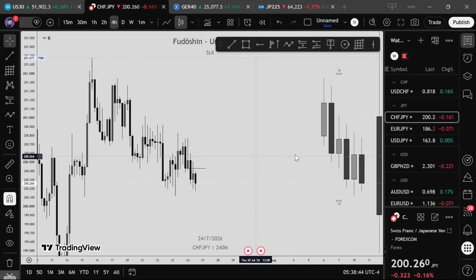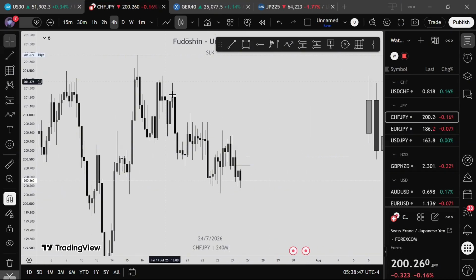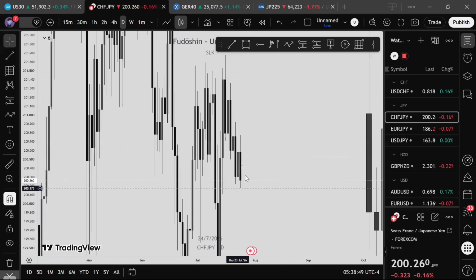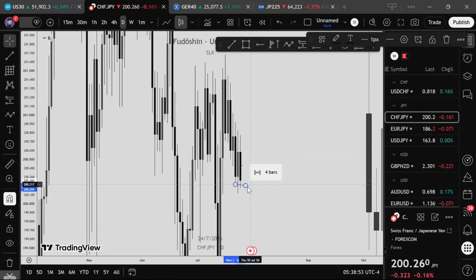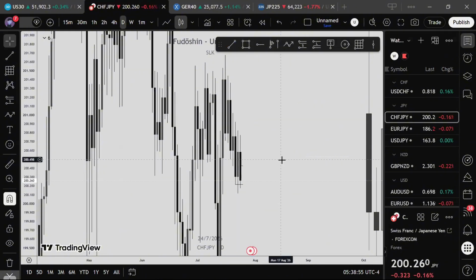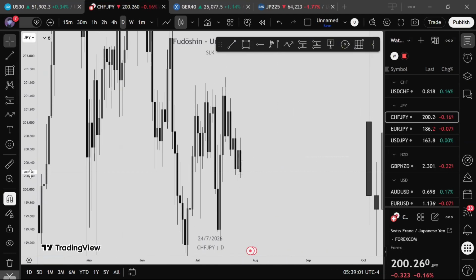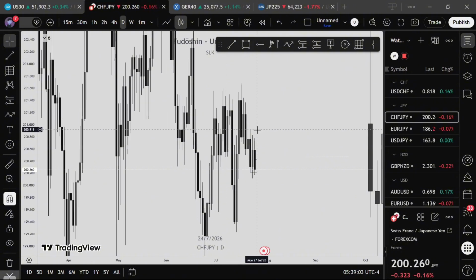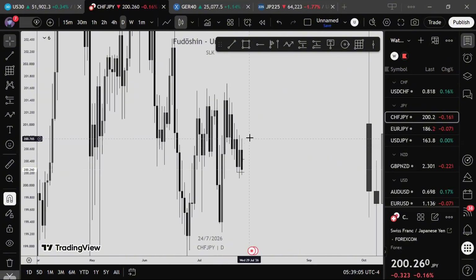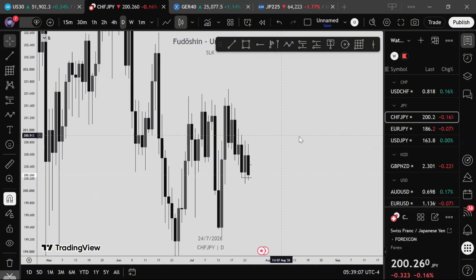For instance, I don't know if you saw it on the group chat, but I noticed that there was a sweep of the previous daily low already. And so that's how I study. I look at the errors, I look at what I was expecting and what happened, right? That's how I study. I also study my strategy. I look for key details within my strategy that I see on the charts, right?